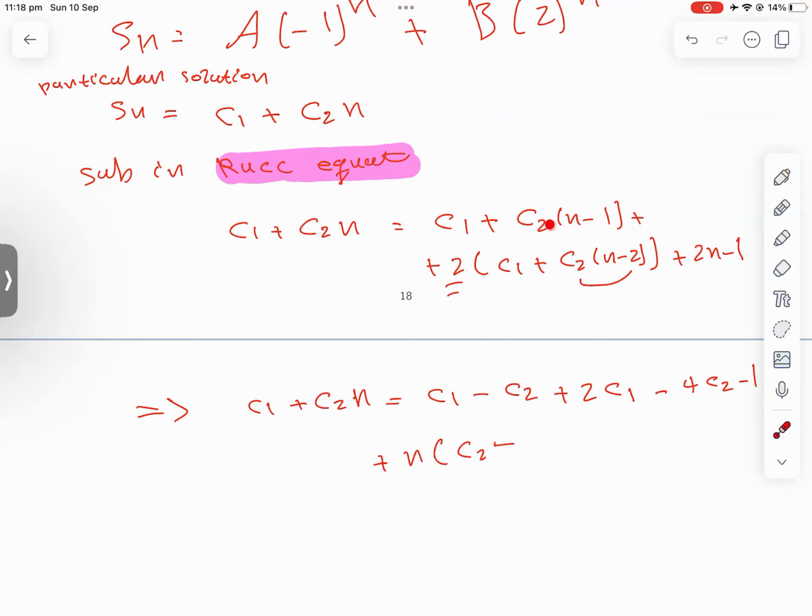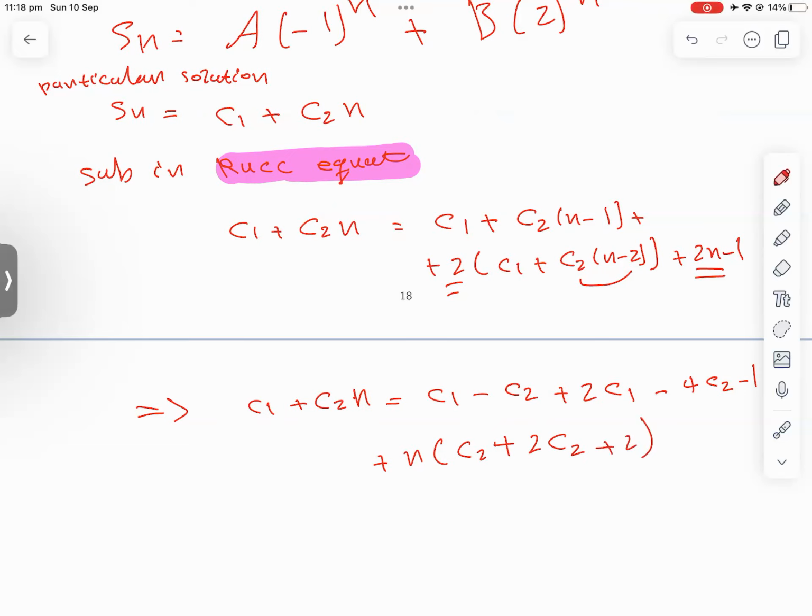Because I have C2 here, then plus 2C2 here as well, and there is another 2 here, so plus 2 here.